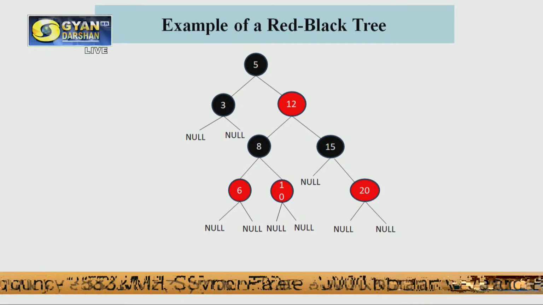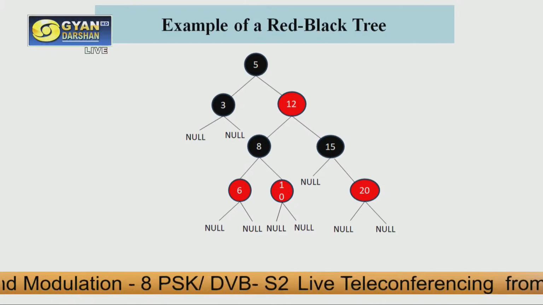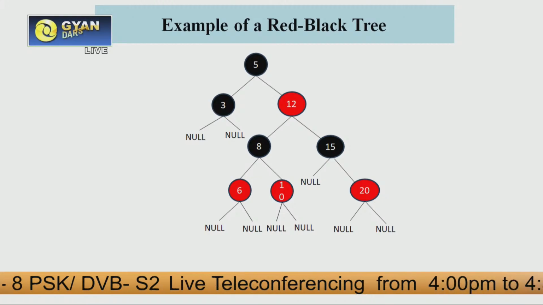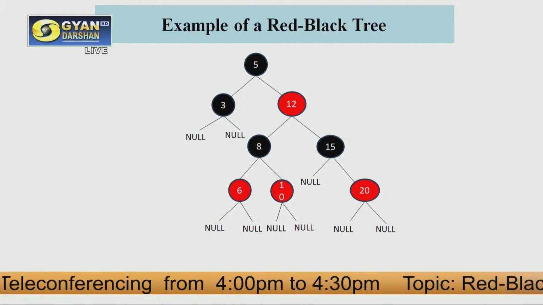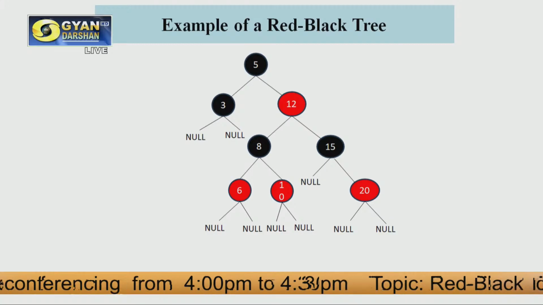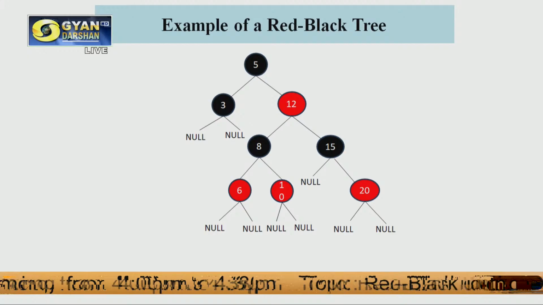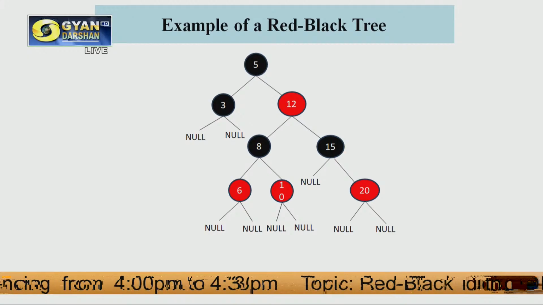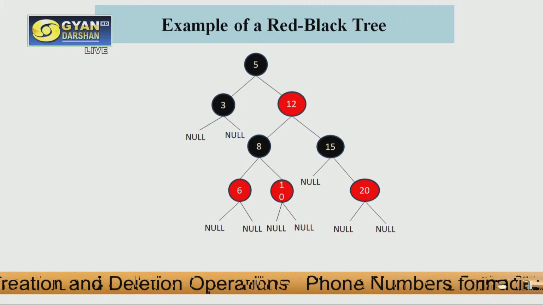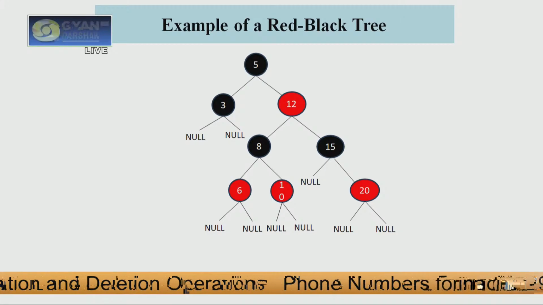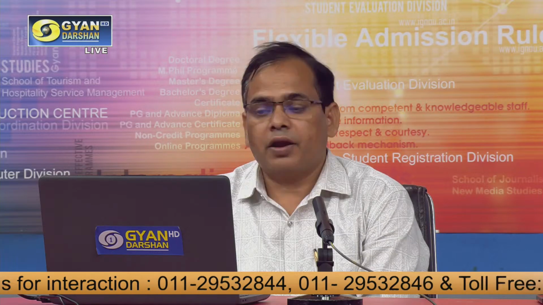Similarly, when we consider 12, which is the right child of 5, all the nodes toward its left, like 8, 6, 10, are smaller than 12, and all the nodes toward its right are bigger. In such a way it also satisfies the property of the binary search tree. So all the properties are satisfied. That is why it is a red black tree.